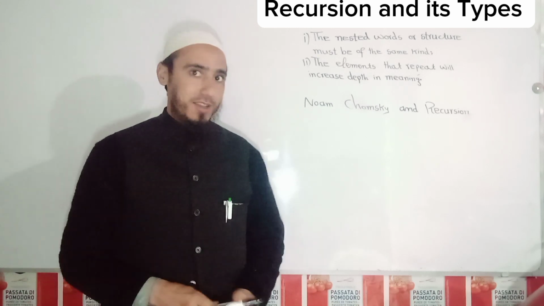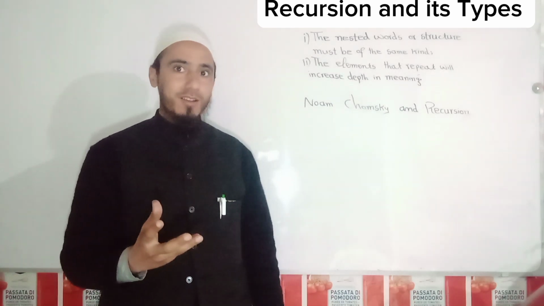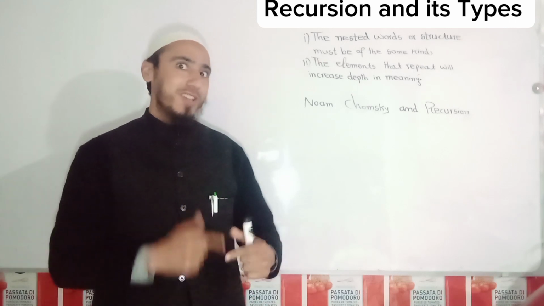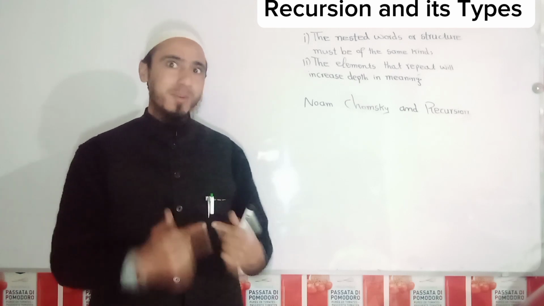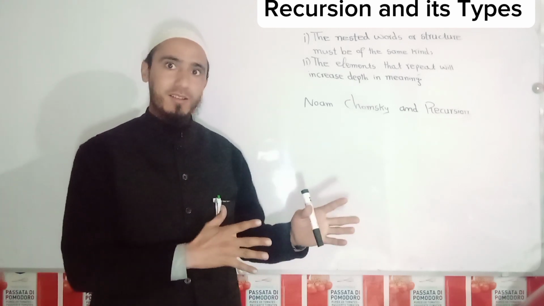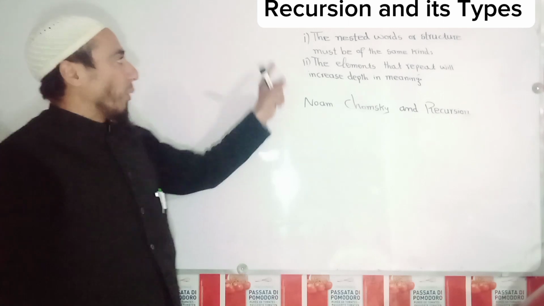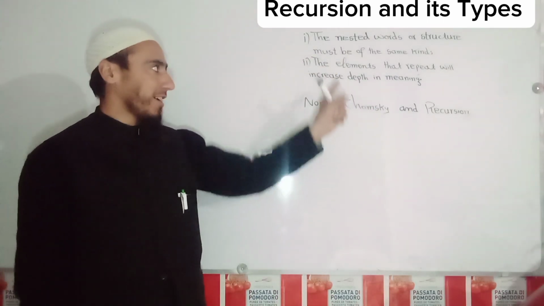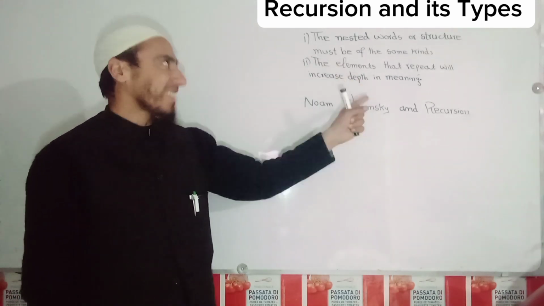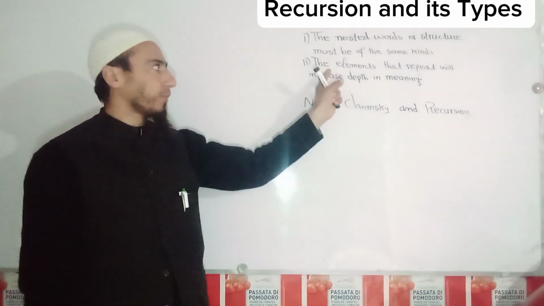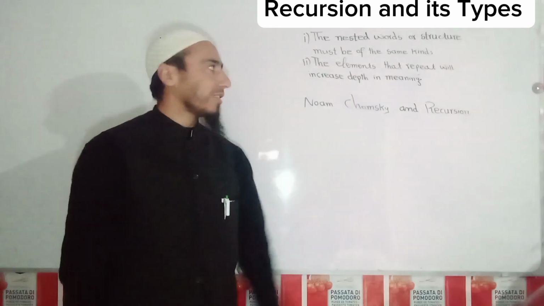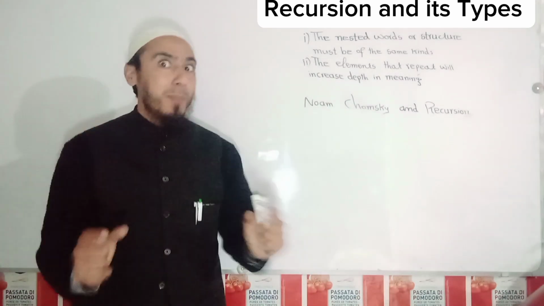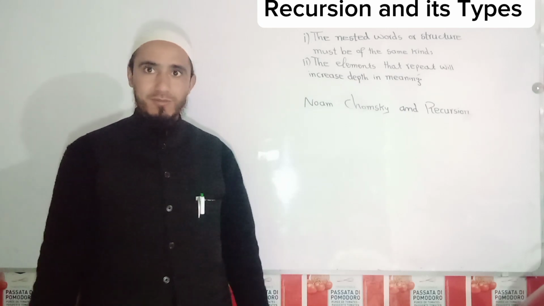For example, if I'm talking about a prepositional phrase, it must be of the same kind. The next feature of recursion is that the elements that repeat will increase depth and meaning.